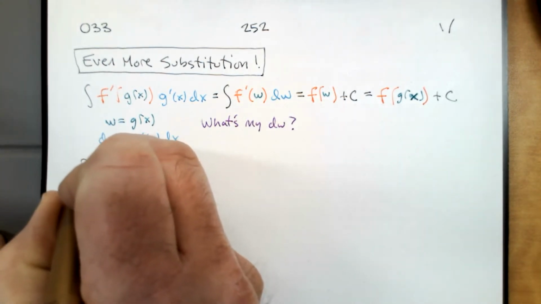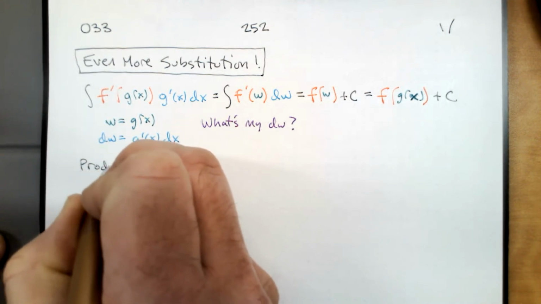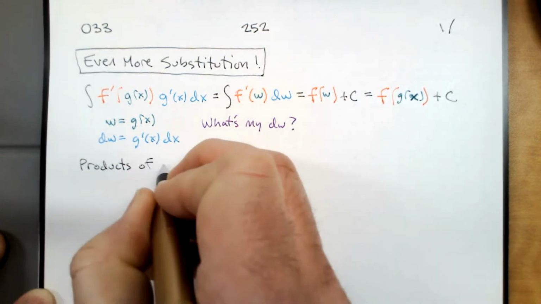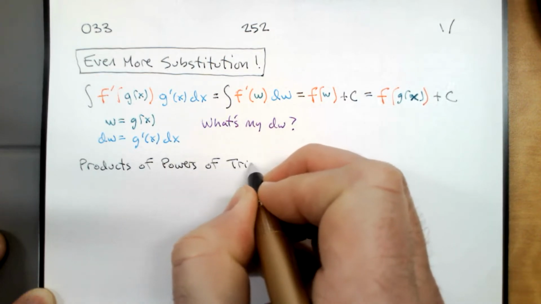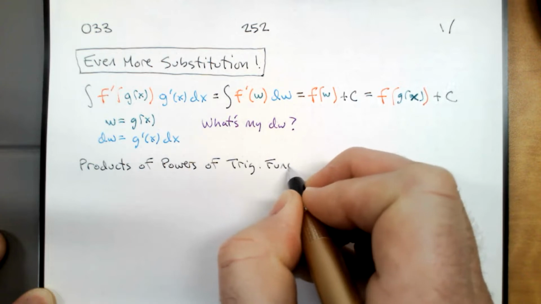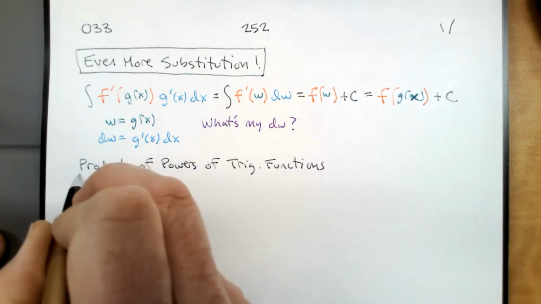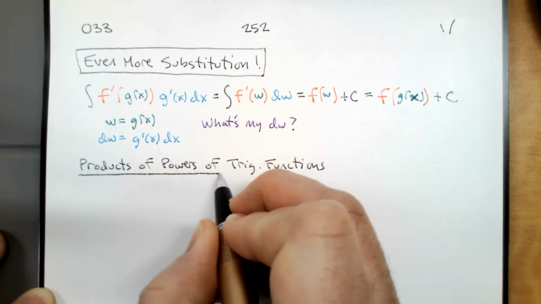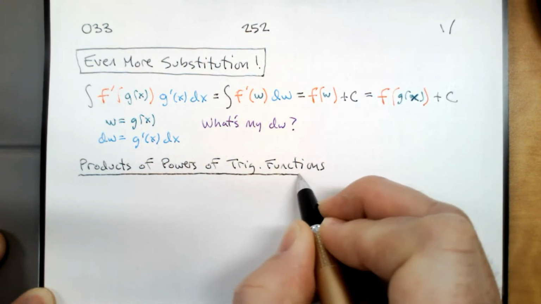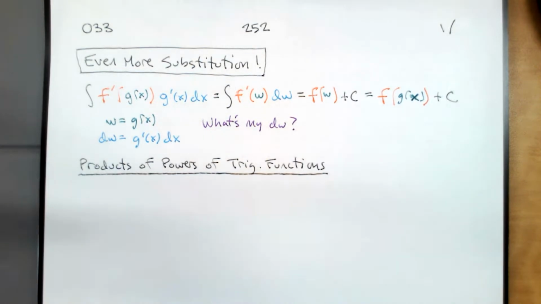It's going to be products of powers of trig functions. Specifically, combinations of sines and cosines, combinations of secants and tangents.